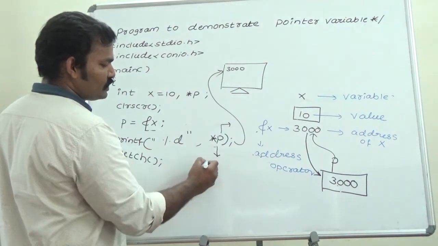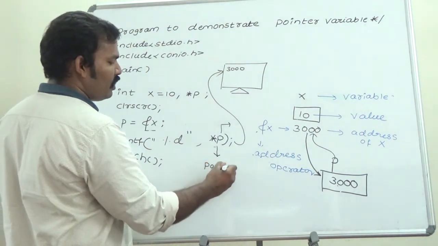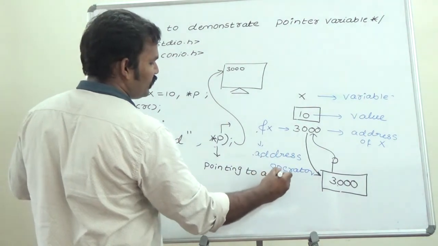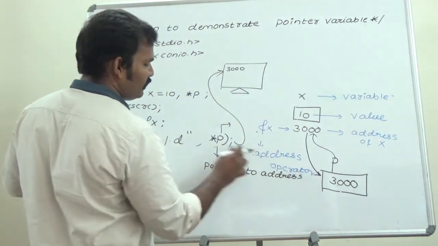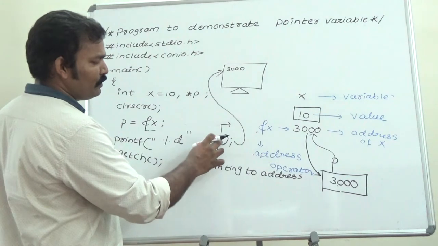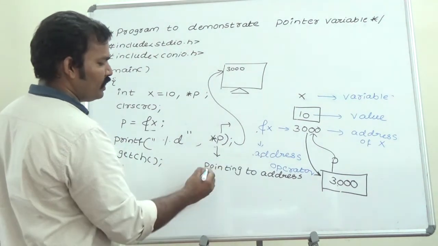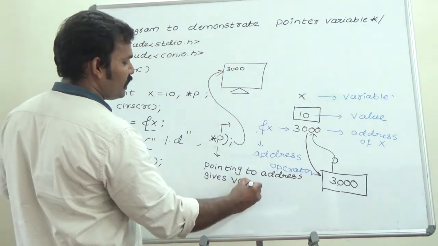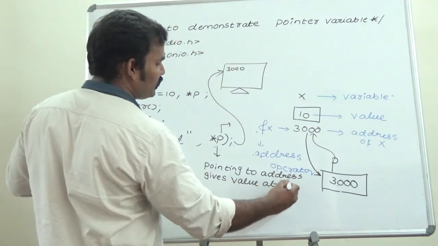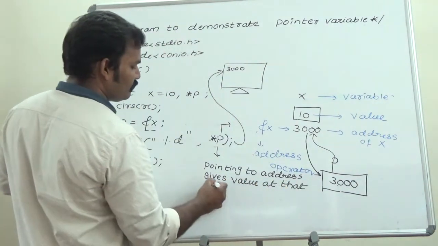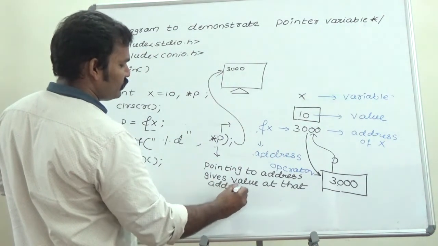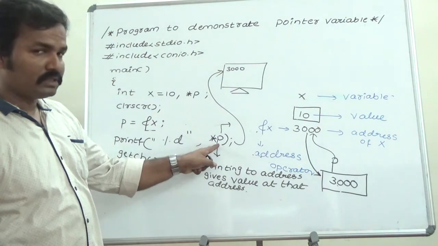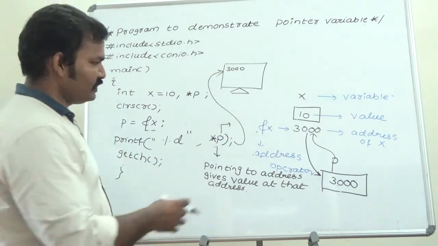So star p means we are pointing to the address, and pointing to an address gives the value at that address.